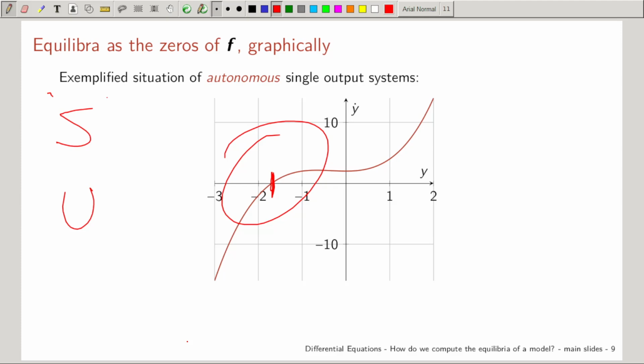Indeed. Excellent. What is happening here, people? If I start here, I will go in this direction, true? If I start here, I will go in this direction, so I do not go back to the equilibrium.